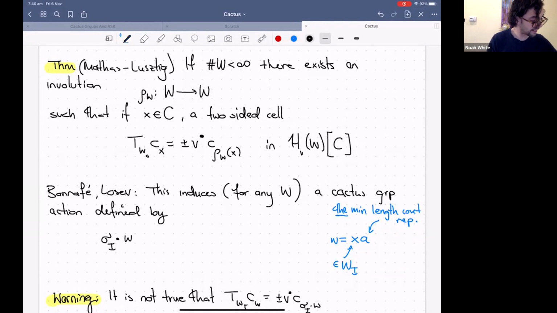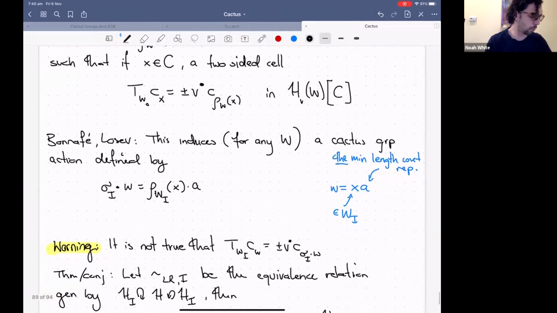And so we can look at x. x exists in this parabolic subgroup, and so we have available to us the involution that Mathas and Lusztig defined. And then we can just multiply by a again on the right. So you're basically just looking at this involution acting on the parabolic part of each permutation. And this induces a Cactus Group action.